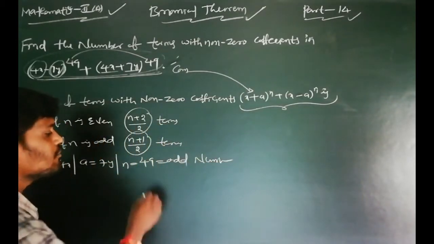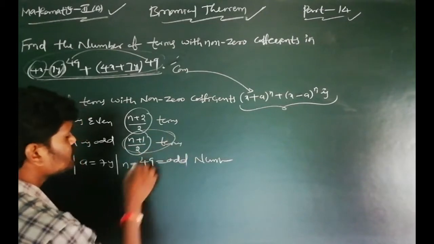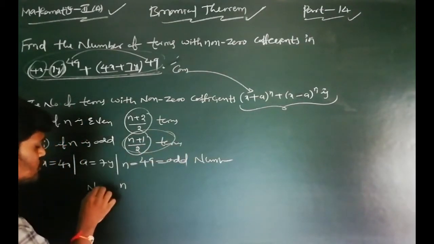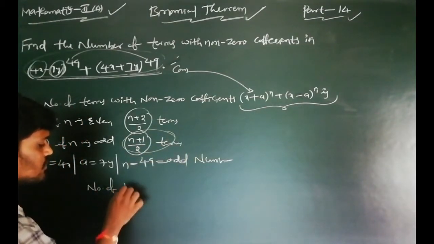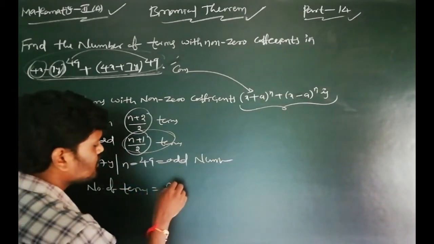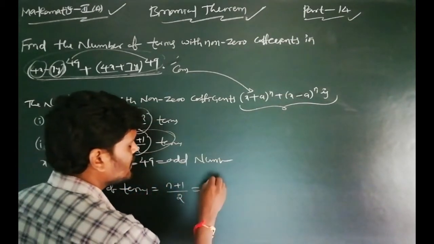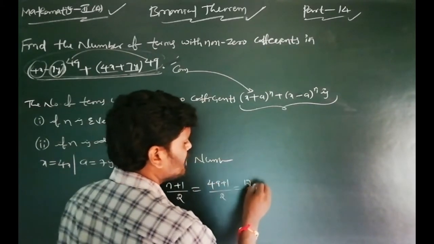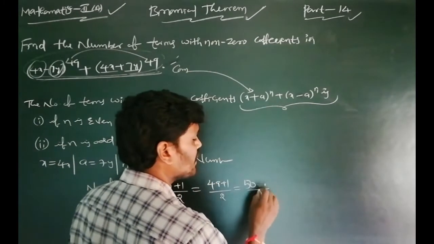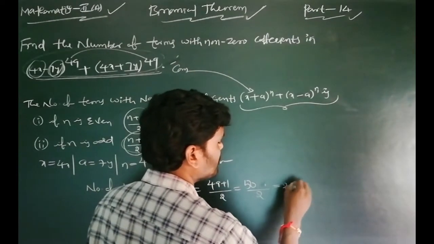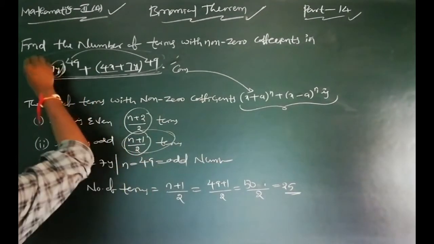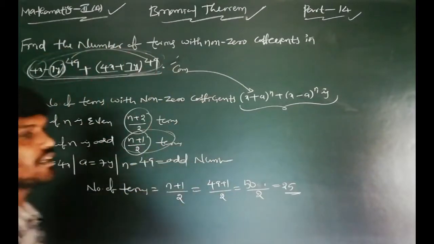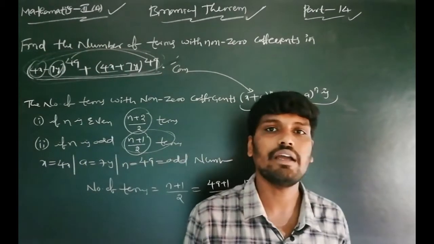In this odd case, the number of terms is equal to (n + 1)/2, that is (49 + 1)/2, that is 50/2, that is 25. Therefore, the number of non-zero terms of the given expansion is 25 terms.